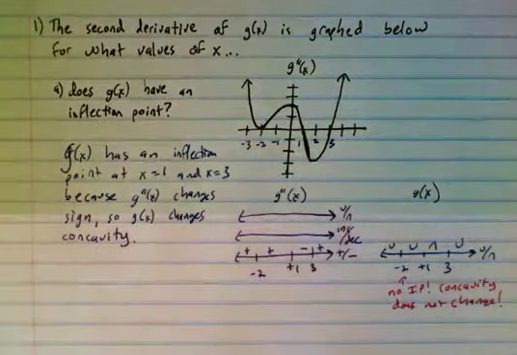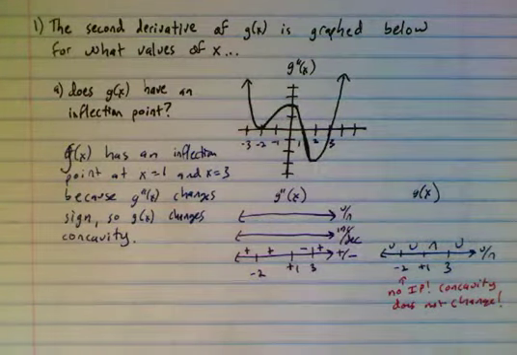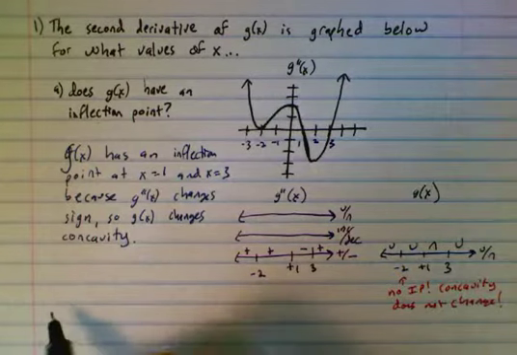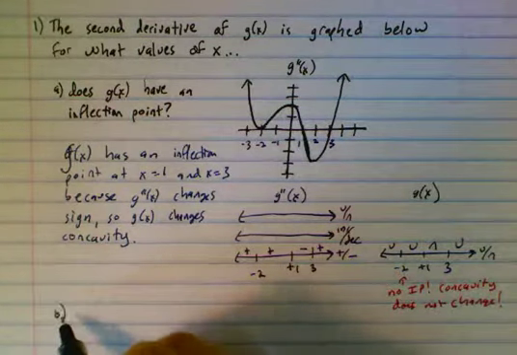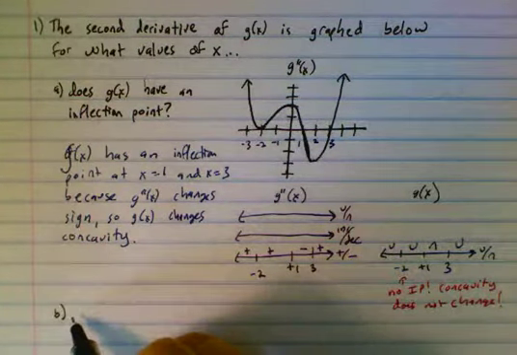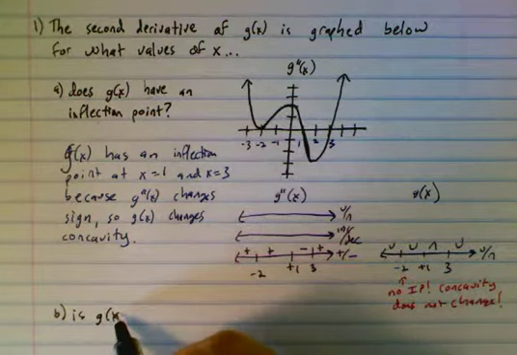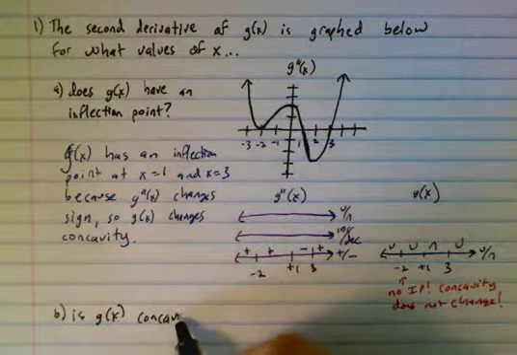Okay. And from here, we can be asked any question about concavity of g of x. So we could also just be asked, let's say, for what values of x is g of x concave down?